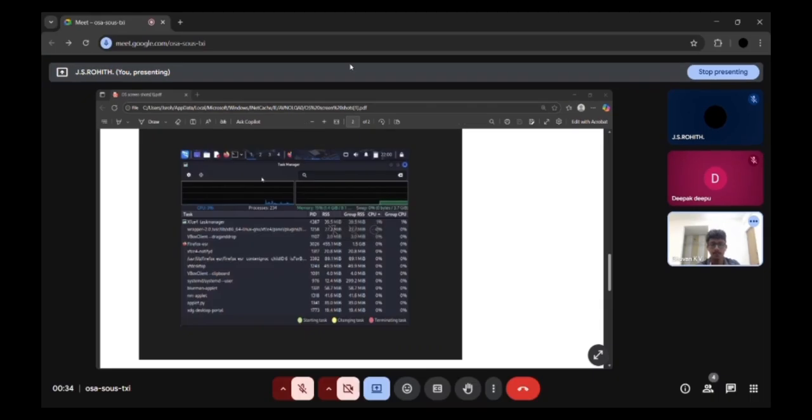The next topic is file systems. We are going to compare the difference between the two operating systems, Windows 10 and Kali Linux. This is the main difference between these operating systems: the file system.